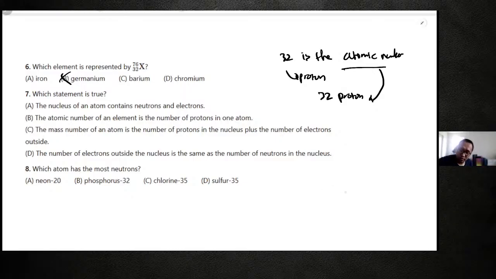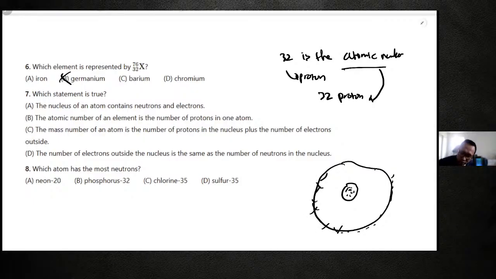Electrons orbit outside. Remember the concept, like this very traditional illustration. In the nucleus, it contains proton and neutron.